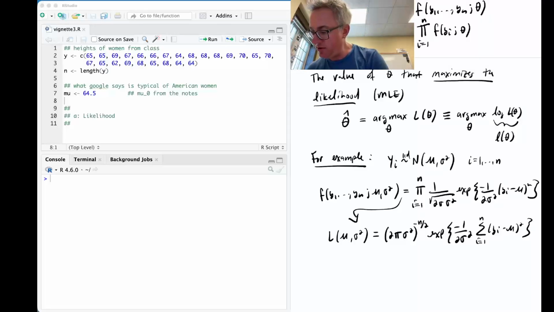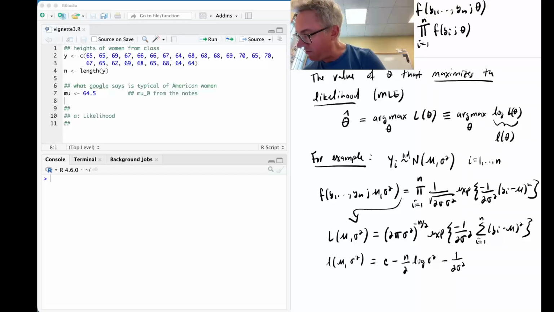And if I take the logarithm of that and call it little l, then I've got a part of it that's minus n over 2 log 2 pi, but I'm just going to call that some constant c because it doesn't involve either of the parameters, mu or sigma squared. And then I've got a part that involves the logarithm of sigma squared. And the nice thing about the logarithm is that it cancels this exponent and brings everything down, which makes it much easier to work with.